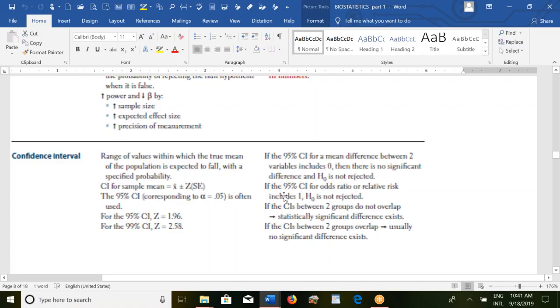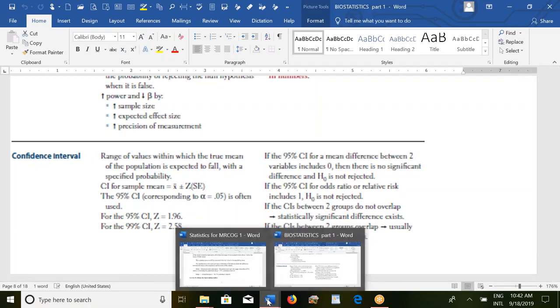If the 95% confidence interval for odds ratio or relative risk includes 1, then it means that data is meaningful. Just remember, this is the difference, okay? So if the confidence interval between two groups doesn't overlap, then a statistically significant difference exists. And if the confidence interval between two groups overlaps, it means no statistical difference between the groups.